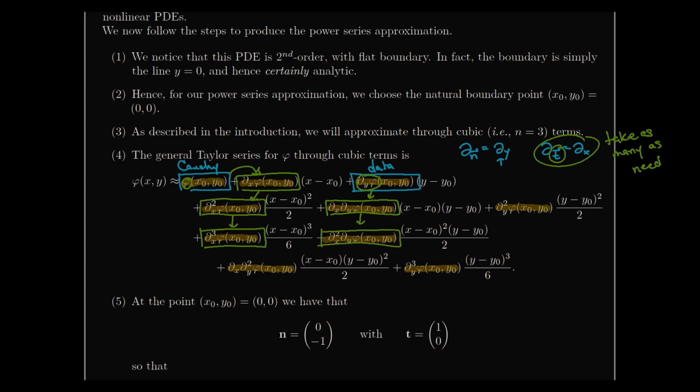So all of the terms I've circled right now, I will be able to obtain from tangential derivatives of Cauchy data. The final ones that I will circle now, these last few terms, two derivatives in y and one in x, two in y, and three in y, will all need to come from the PDE itself.